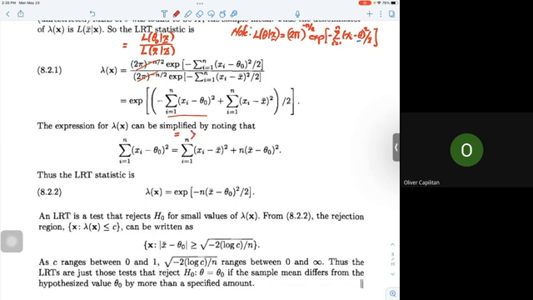We simply subtract the sample mean, and then we also add the sample mean.